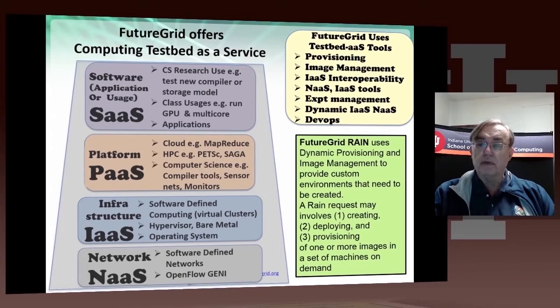Then if you look at what FutureGrid has to support this, it uses what we've identified as testbed as a service tools, which are provisioning, image management, we'll discuss those a little later on, the infrastructure as a service systems and their interoperability, the network as a service tools, and experiment management, an area where we still need to make more progress. And I say NaaS and IaaS should be dynamically instantiable.